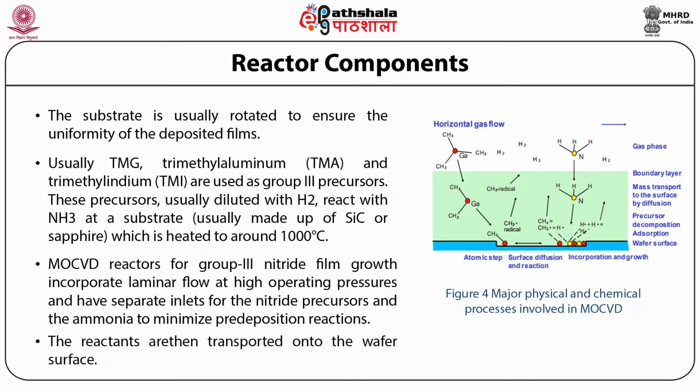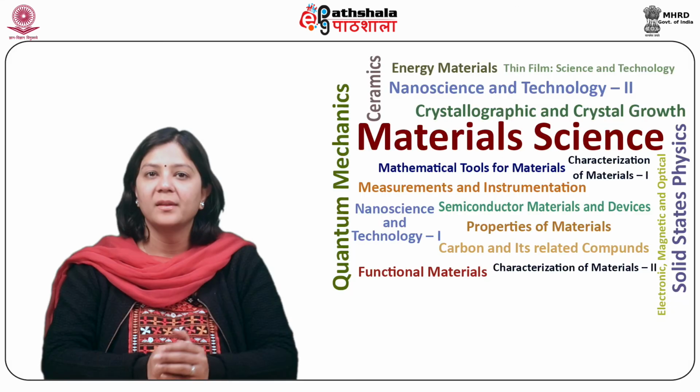The reactants are then transported onto the wafer surface. The diffusion and the deposition of atoms and radicals occurs on the substrate surface. Finally, after surface reaction, gallium nitride gets deposited onto the surface.